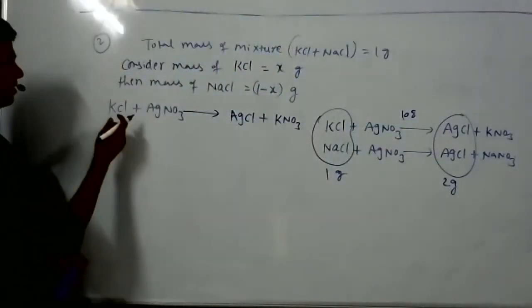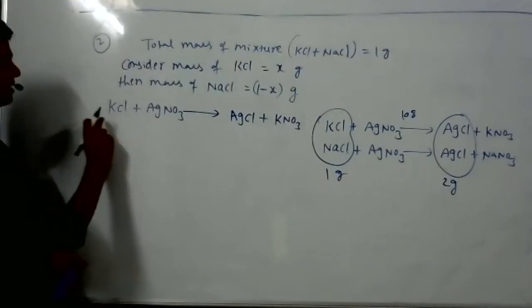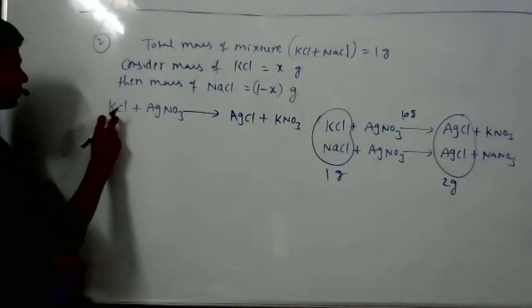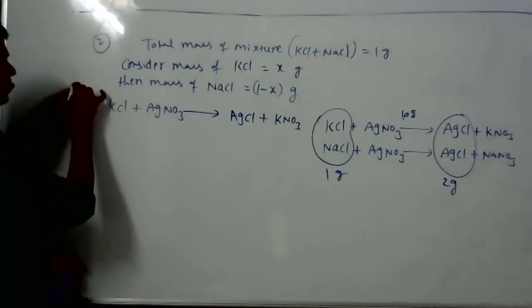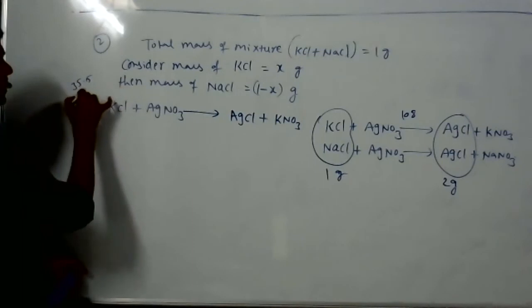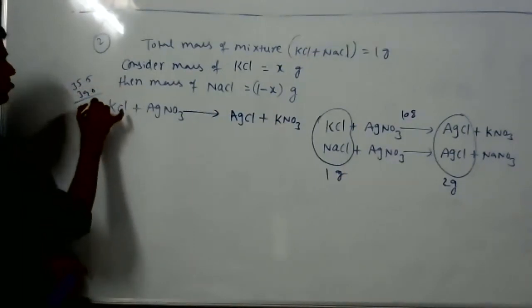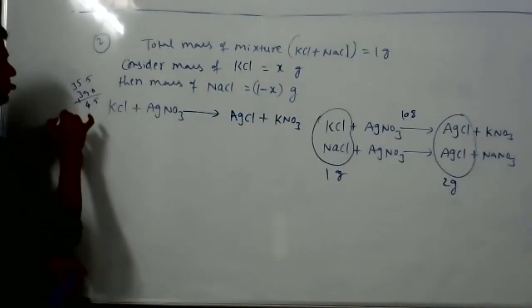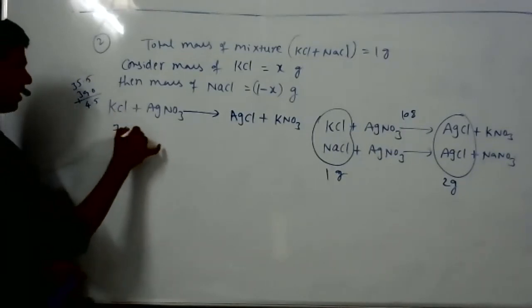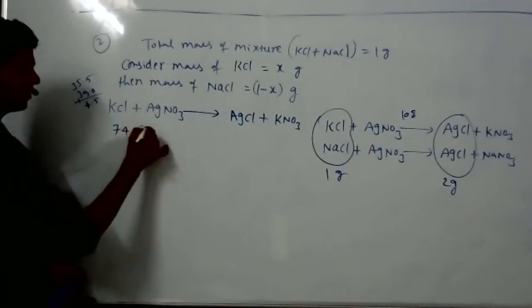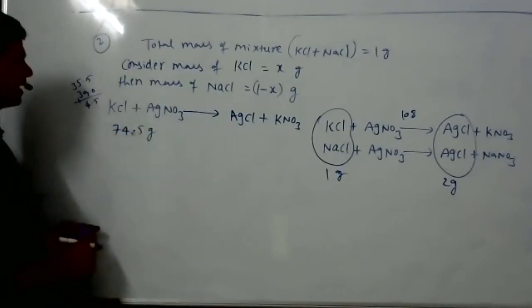What is the molar mass of KCl? 35.5 plus 39, that is 74.5. Yes, sir. Calculate the silver nitrate mass.